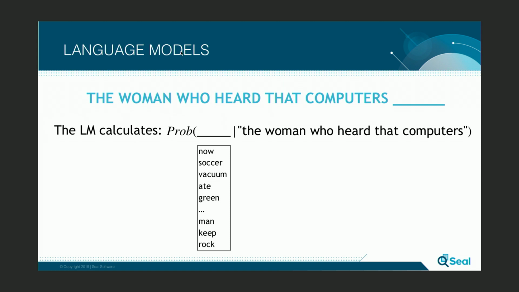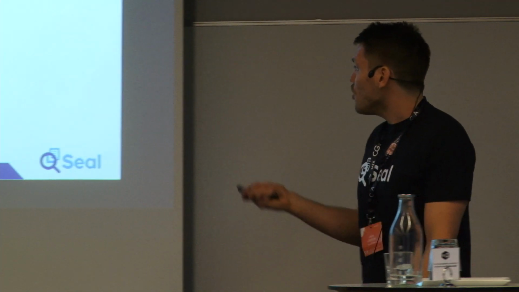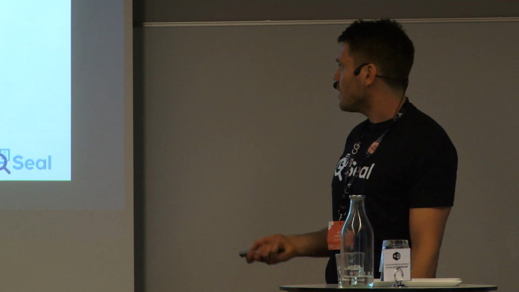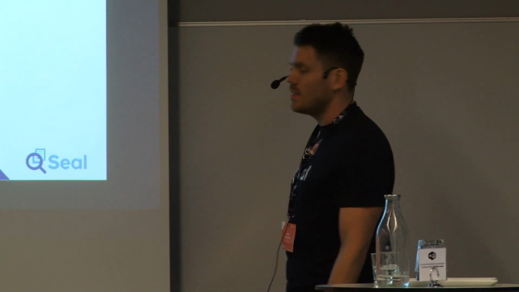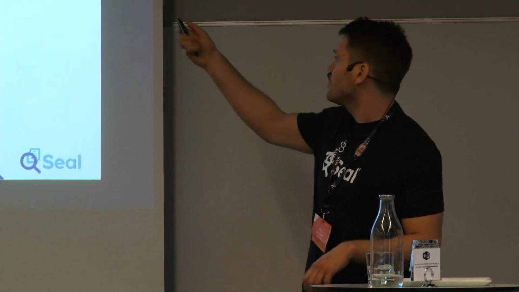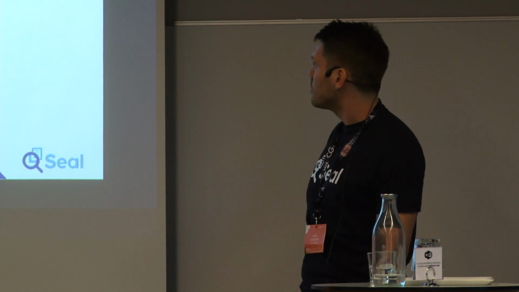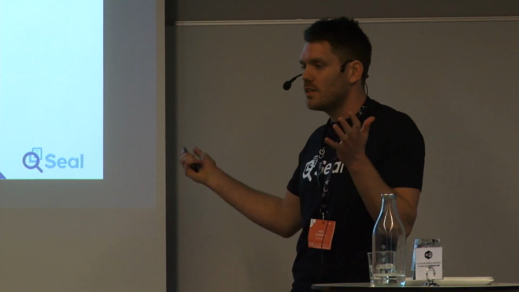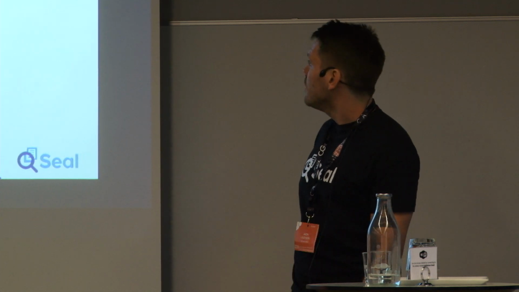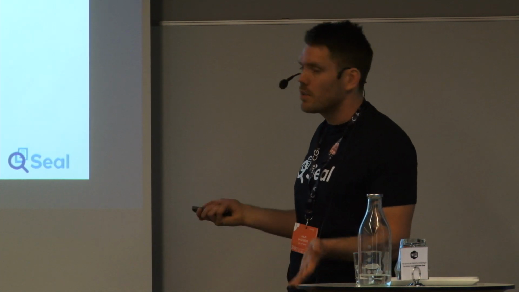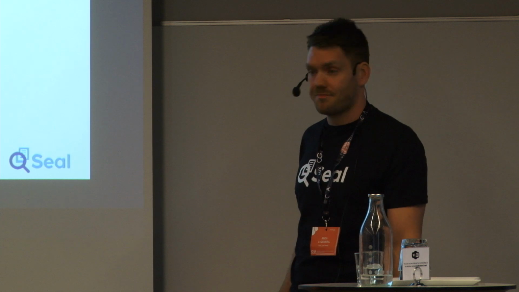Or that's what the language model does, at least. I don't know if you do that on a daily basis. What do you do, actually? Once calculated, it scores these as probable continuations of the sentence. So "now" could probably fit there: "The woman heard that computers now do this." That's probably okay. "The woman heard that computers soccer" is probably not so probable, right?